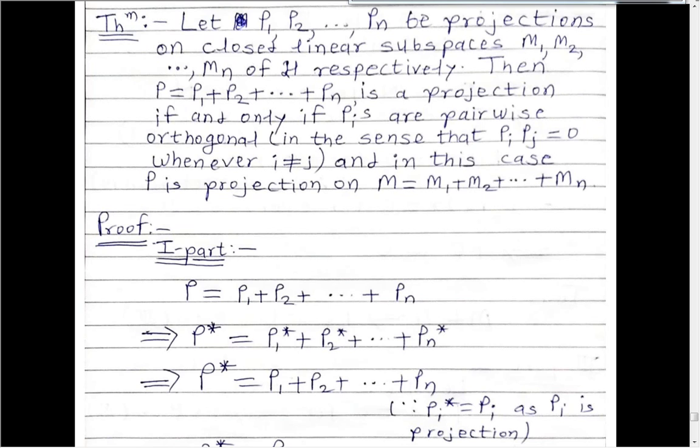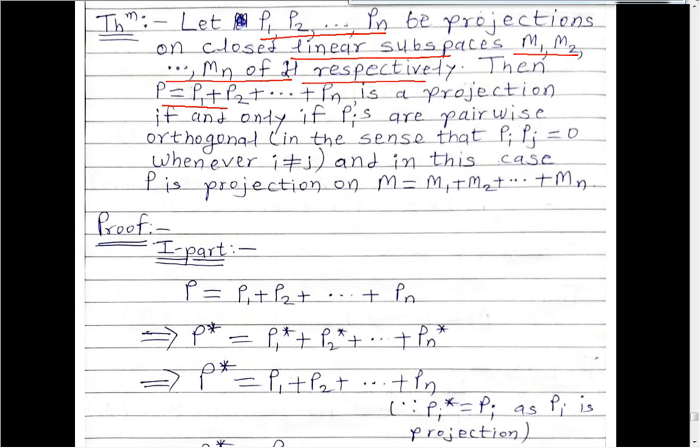The statement is, let P1, P2, ..., Pn be projections on closed linear subspaces M1, M2, ..., Mn of H respectively.